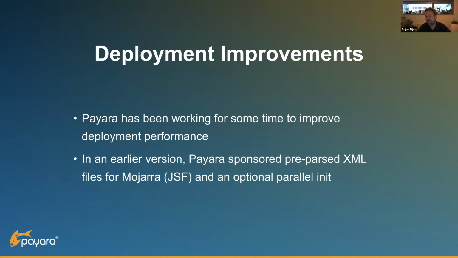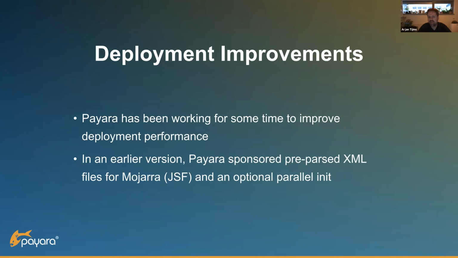So for example, in an earlier version of Payara, Payara sponsored a pre-parsed XML config file for JSF. JSF has these internal XML files that it uses to configure itself. They take some time to parse, so it uses a pre-parsed version now that's generated during the build of Payara to speed things up a little.